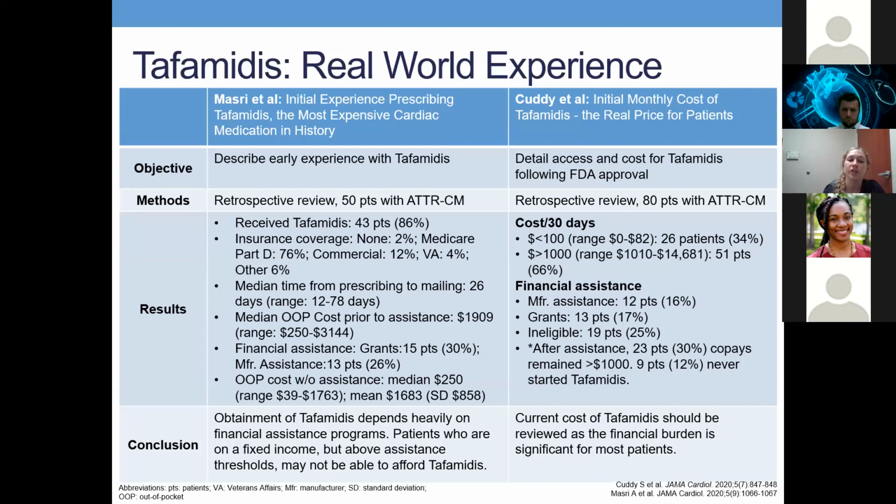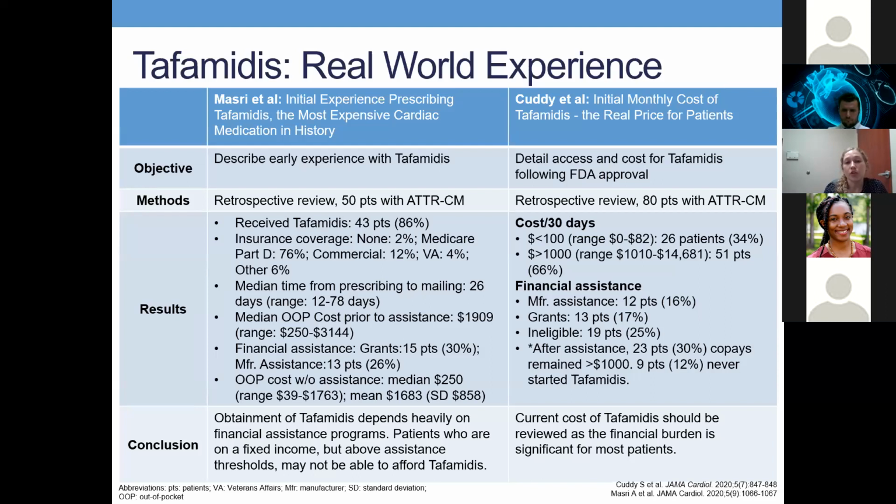So the authors' conclusions were that attainment of tafamidis depends heavily on financial assistance programs, and our patients who are on a fixed income, like our fixed income seniors, but who are above assistance thresholds may not be able to afford the medication.